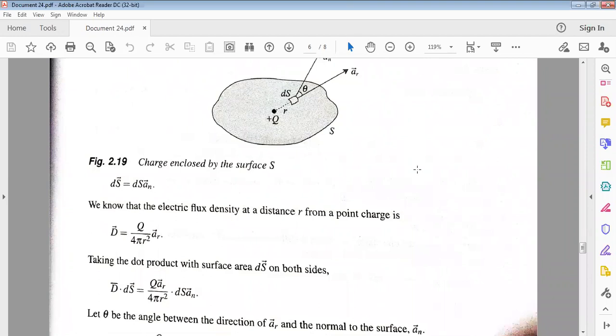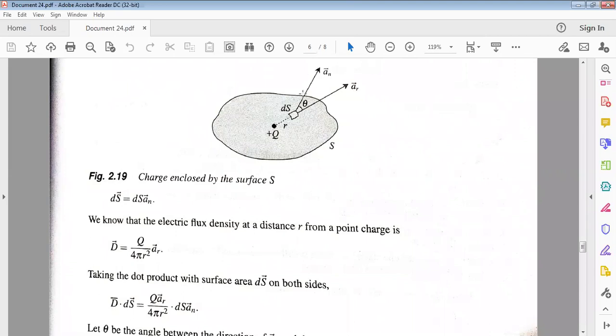Charge enclosed by the surface is how much? dS equal to dS along the direction of the normal vector an.